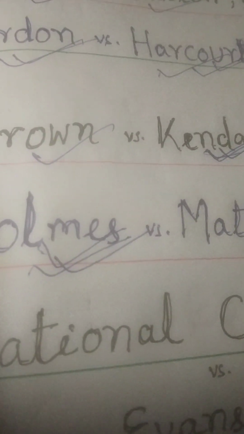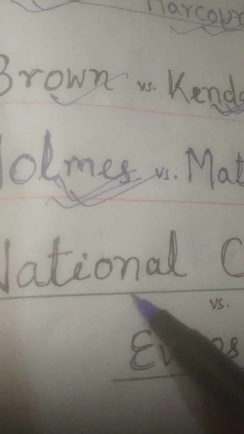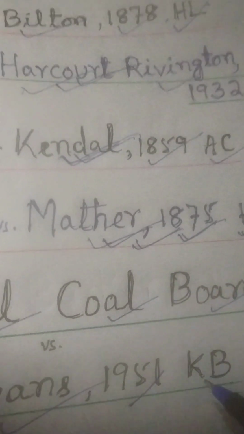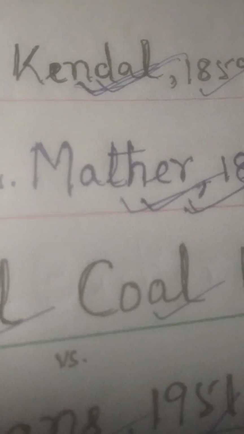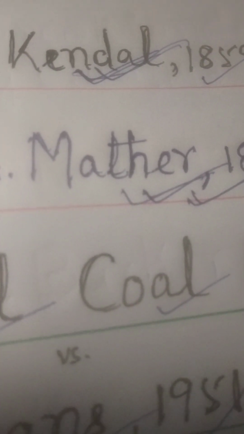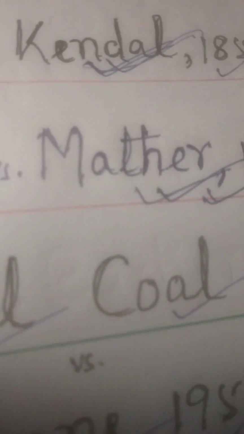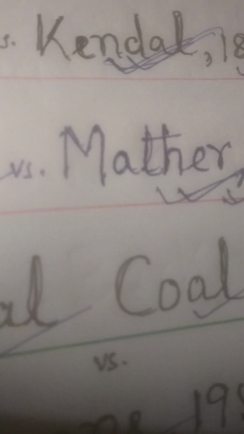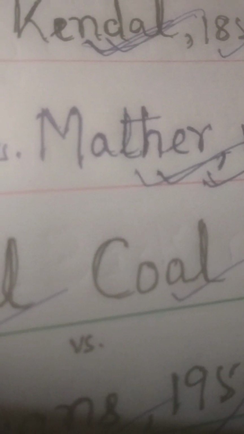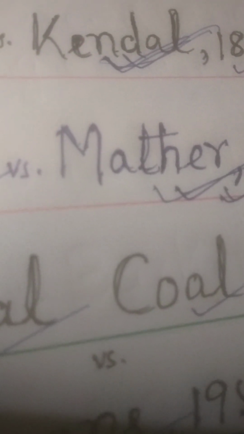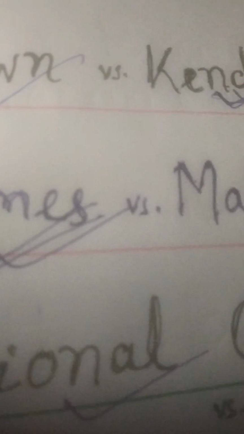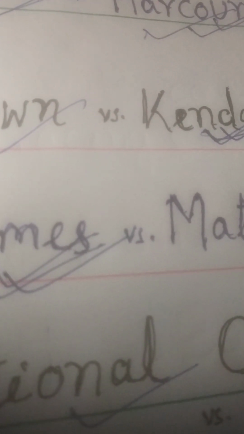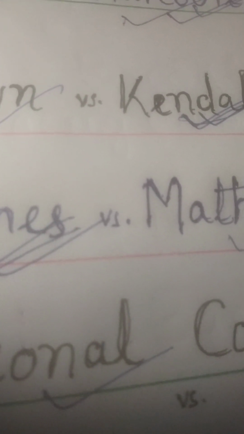Our next important leading case is National Coal Board versus Evans, a case of 1951, decided by the King's Bench. There were certain buried electric cables belonging to the National Coal Board, and they were damaged by the defendant, Evans, a contractor engaged by the county council. The plaintiff filed a suit regarding the damage to the electric cables.